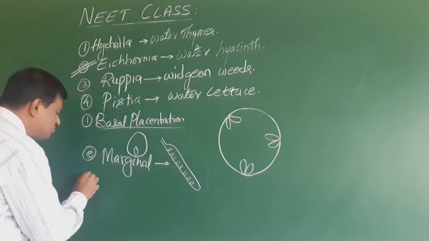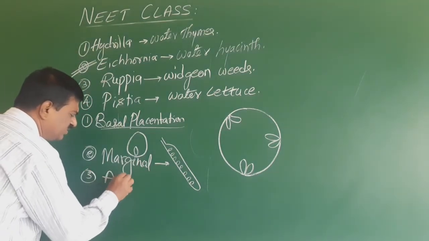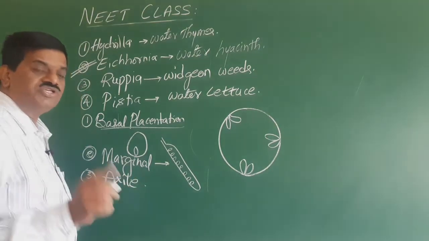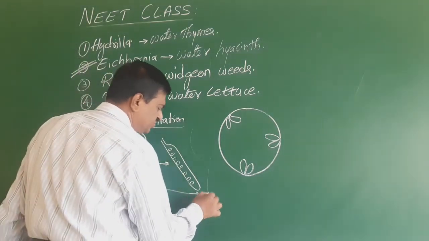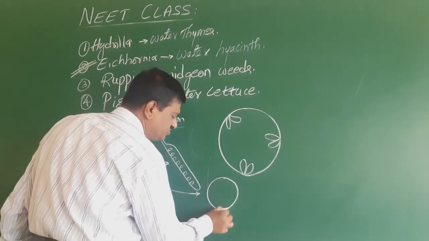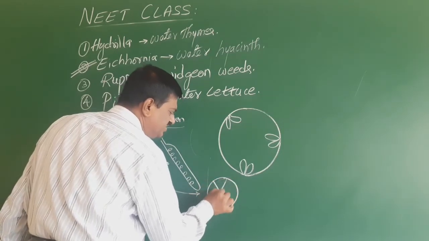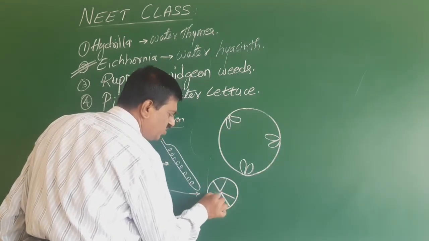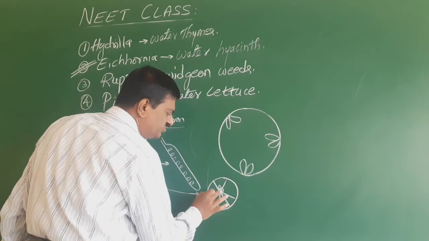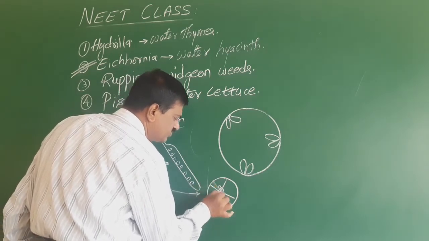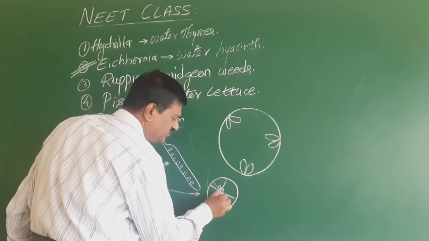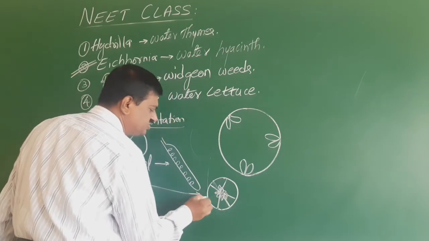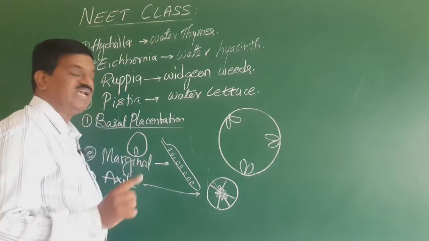The third one is axial placentation. In axial placentation, we know that there is a presence of a central axis. At the central axis, there is a presence of ovules. So, here this is one and another like this. This is called axial placentation.